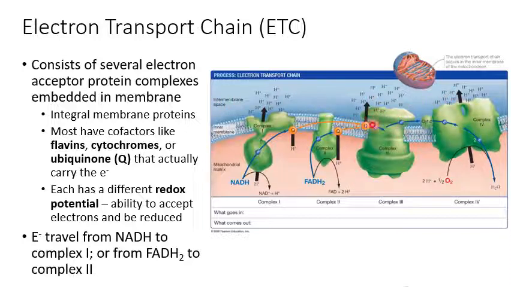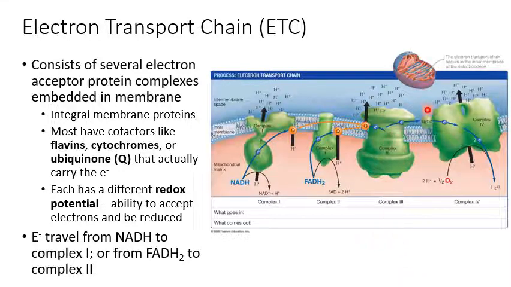So as energy is used to pump those protons, it is being lost from the electrons. The electrons get lower and lower in energy, which means it gets harder and harder for the next cofactor to accept them, which means that if it's going to accept them, it needs to have a higher ability to accept them, or a higher redox potential.